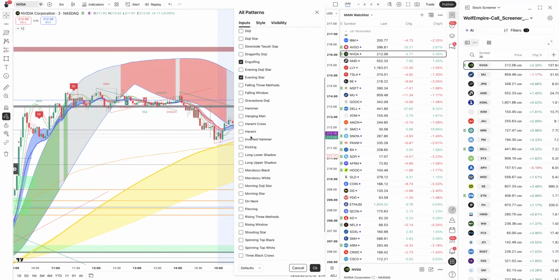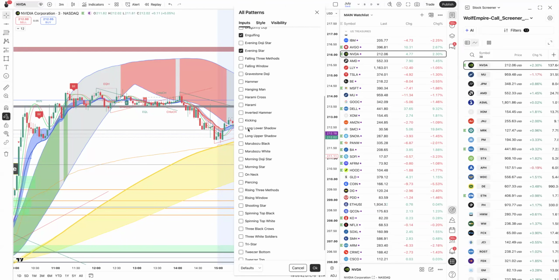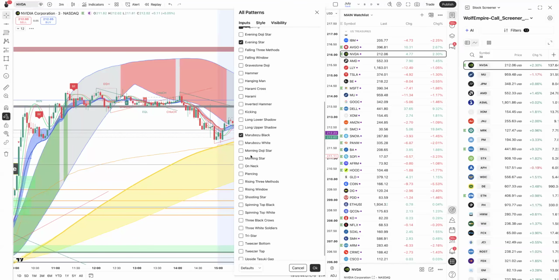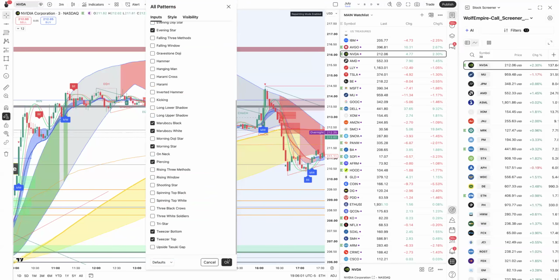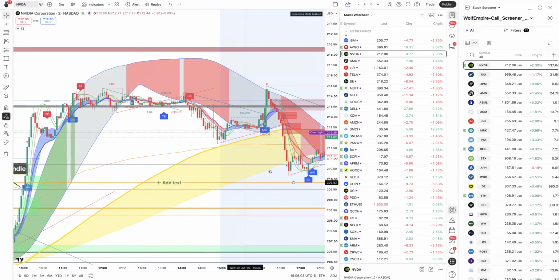I don't really use hammers that much, or the inverted. Let me see. Marubozu, white and black. The morning star, piercing. And tweezer tops, tweezer bottoms. I do use the rising window sometimes, but for this one, we're just going to leave them at that. These are the basic ones I use.